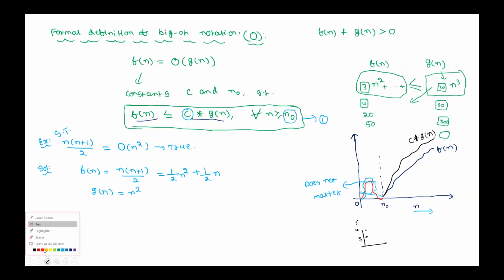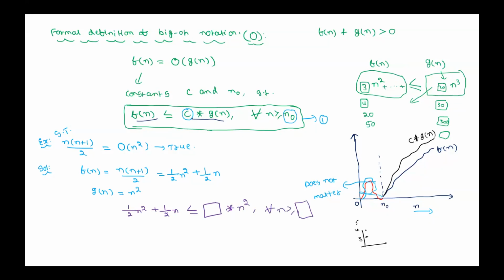Is that okay? So that is f of n, 1 by 2 into n square plus 1 by 2 into n, less than or equal to some constant we need to find into n square, for all n greater than or equal to some other constant we need to find.